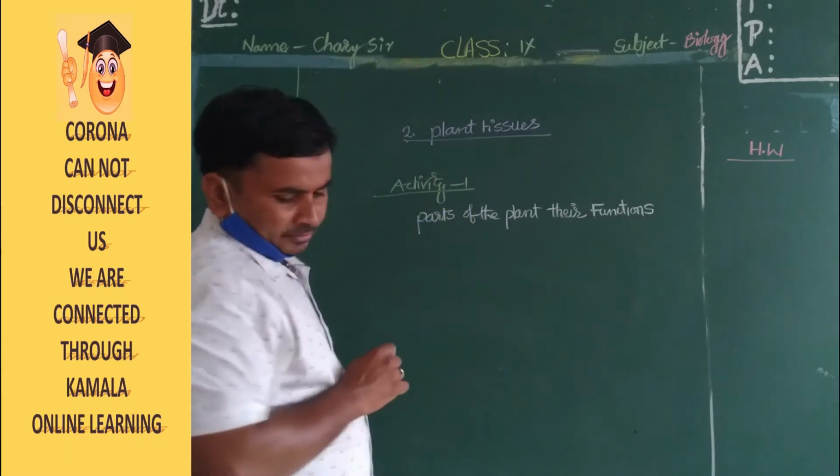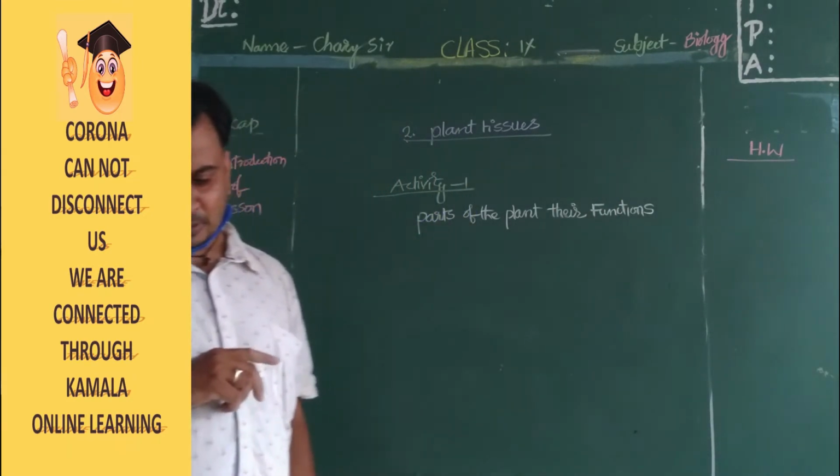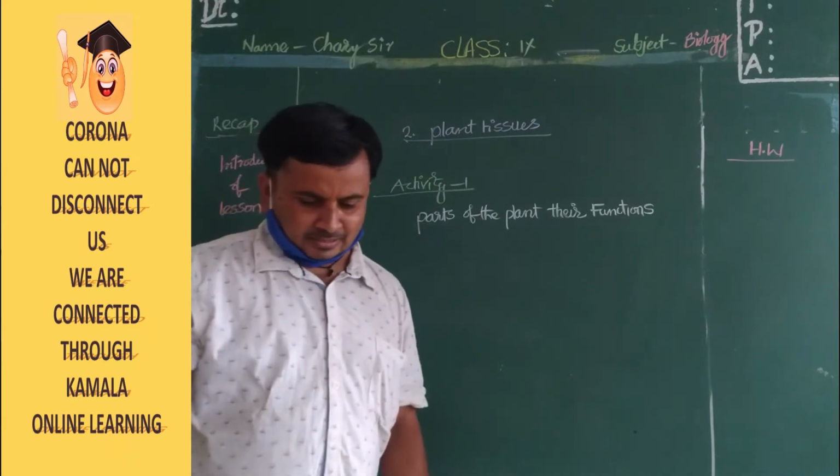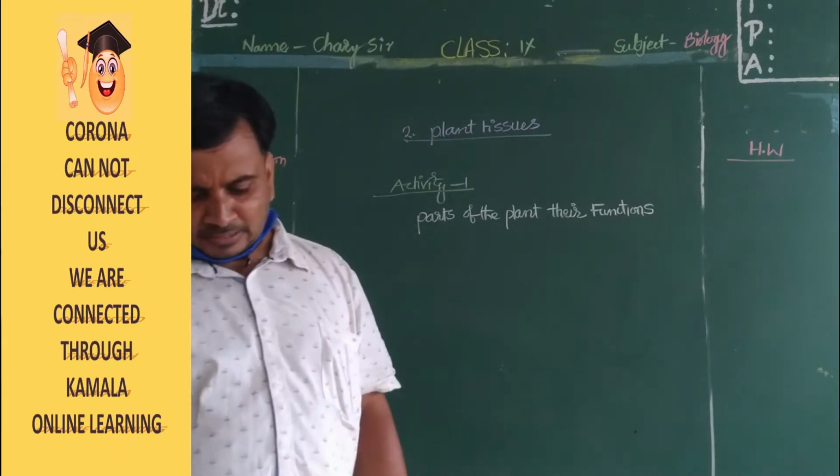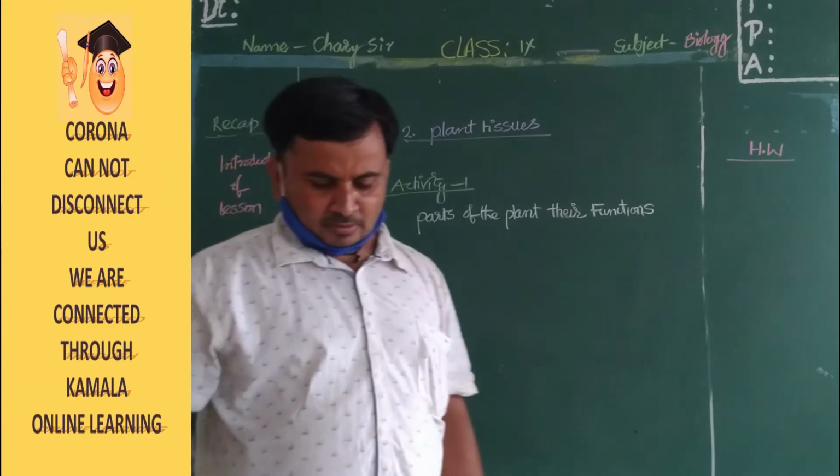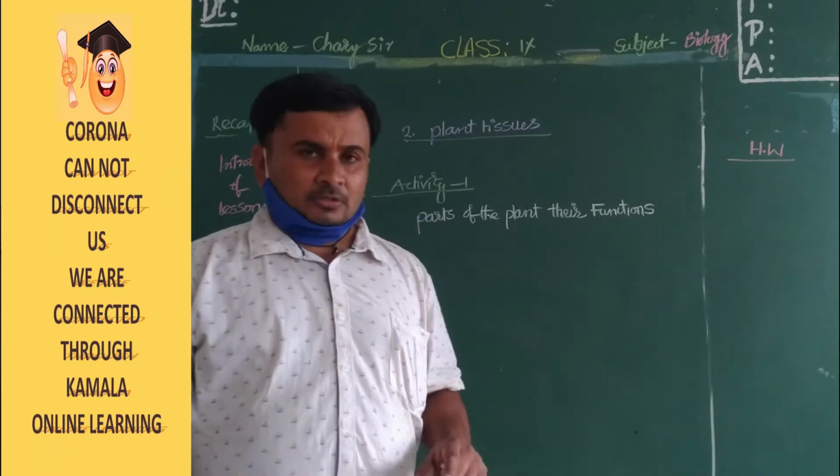We have studied the functions of plant parts in earlier classes. Read the functions given below and write the names of the parts involved in performing them. One chart is already given, and there you have to write.